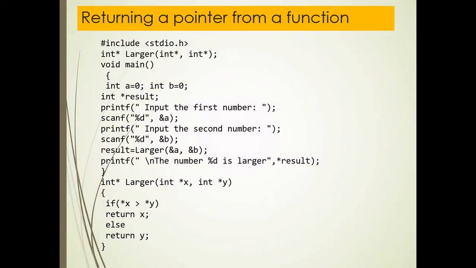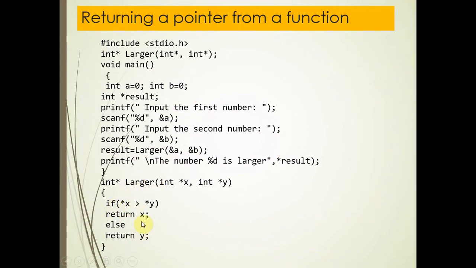So if value at x is greater than value at y, then it will return x, means the function larger will return the pointer x, x will return to the calling function, and finally this will be assigned to result and result will be printed.